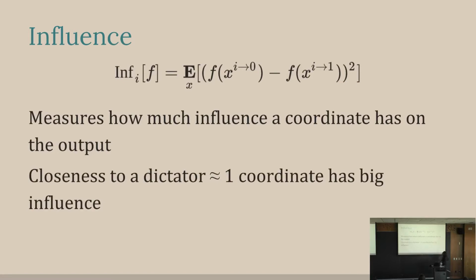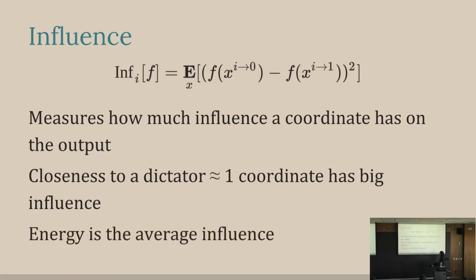So the influence is the expected value of the squared difference between setting the bit at coordinate i to 1 versus setting it to 0. If you think about the dictator set, the influence is 1 at the coordinate it is the dictator of, and it's 0 otherwise. And the energy is the average influence.